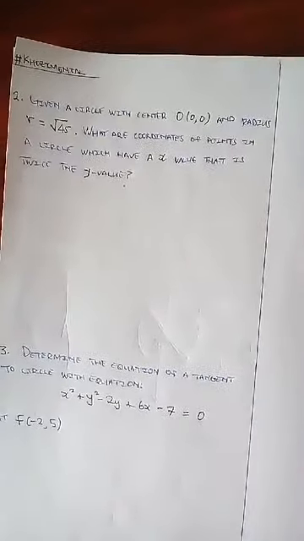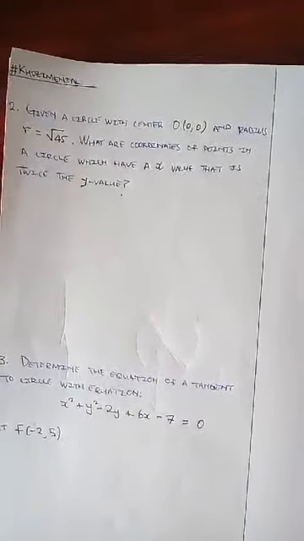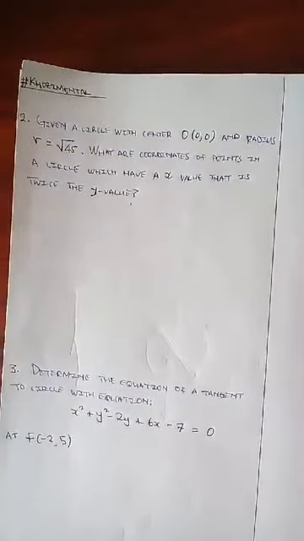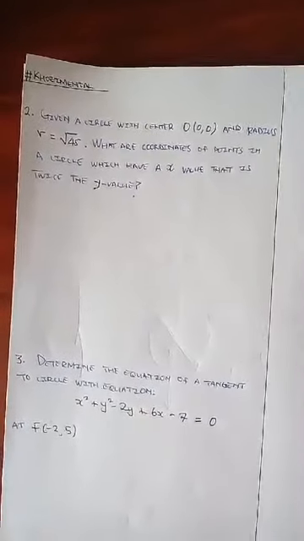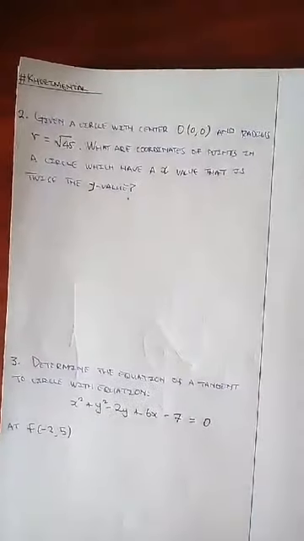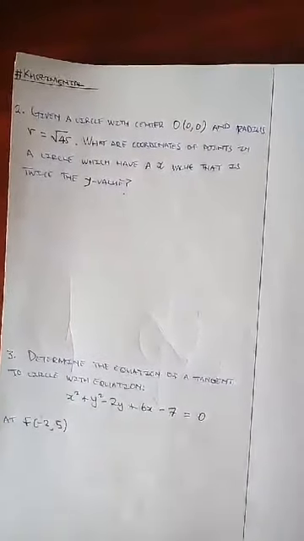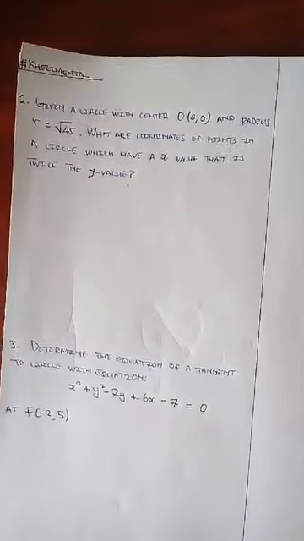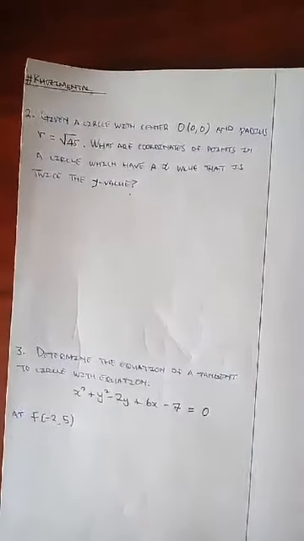So, second example. You are given a circle with center at the origin again, and the radius r is the root of 45. So the question is, what are the coordinates of points in a circle which have an x value that is twice the y value?